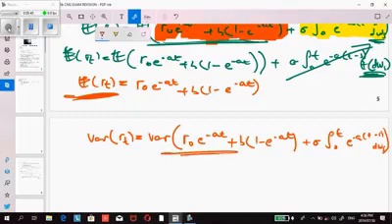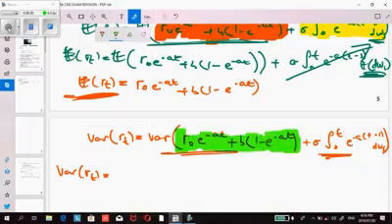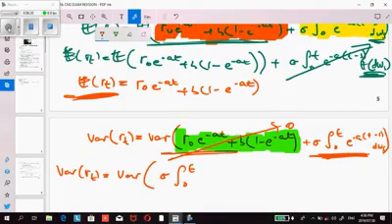Now I'm going to separate this. This here is just a constant, which means its variance will be equal to 0, and we'll just be left with the variance of sigma, the integral from 0 to t of e to the minus a into t minus s dWs.